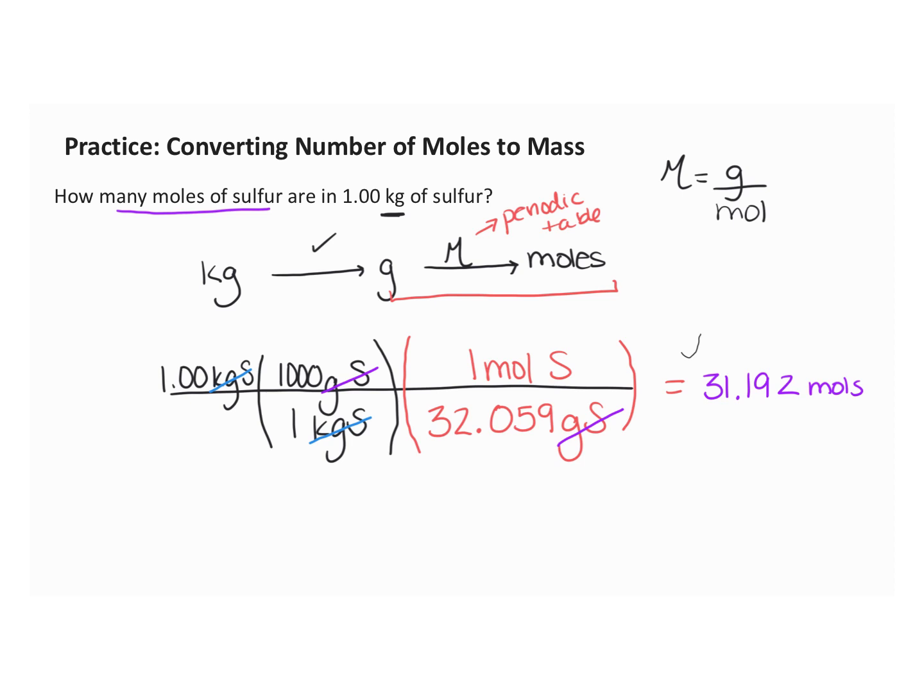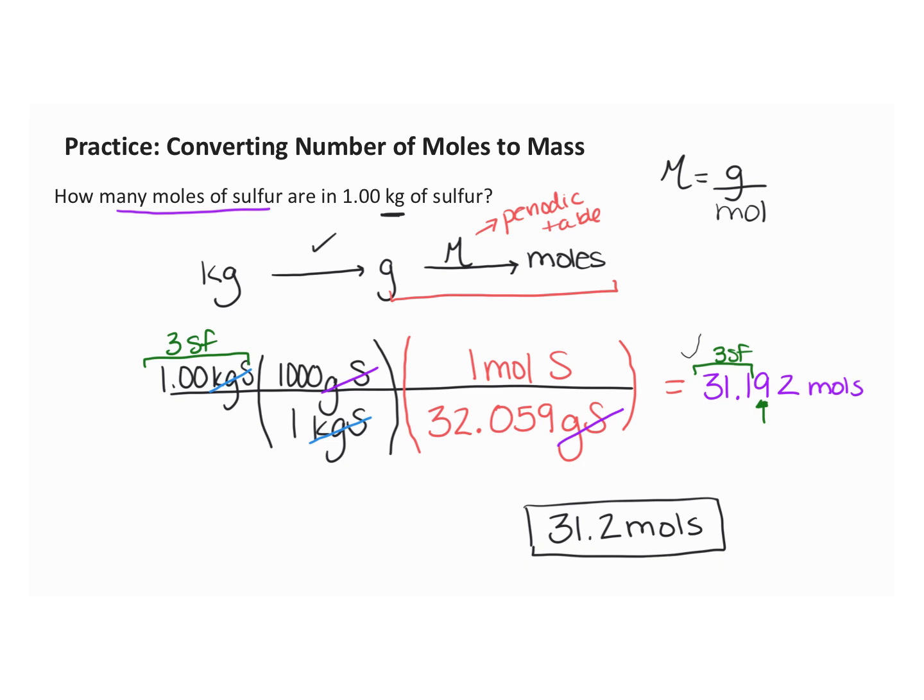Now, when we go back and look at this, we can see that there are 3 significant figures. So that means my answer here has to have 3 significant figures. So I'm going to look at that digit to round. And so when I do that, I get 31.2 moles as my final answer there.